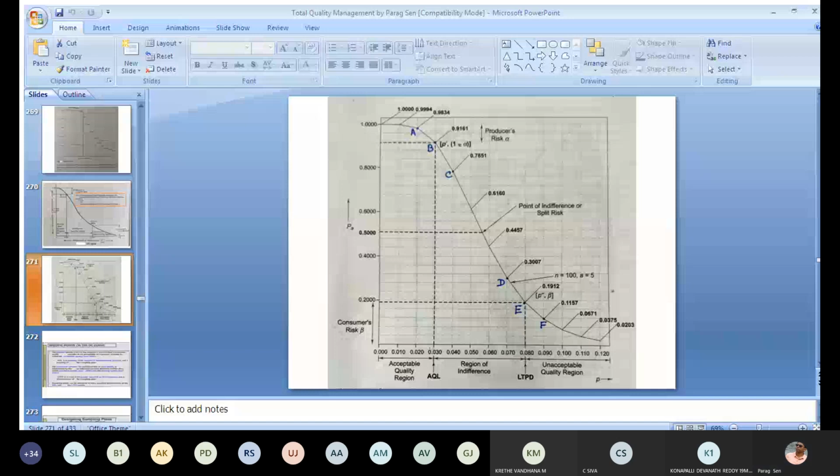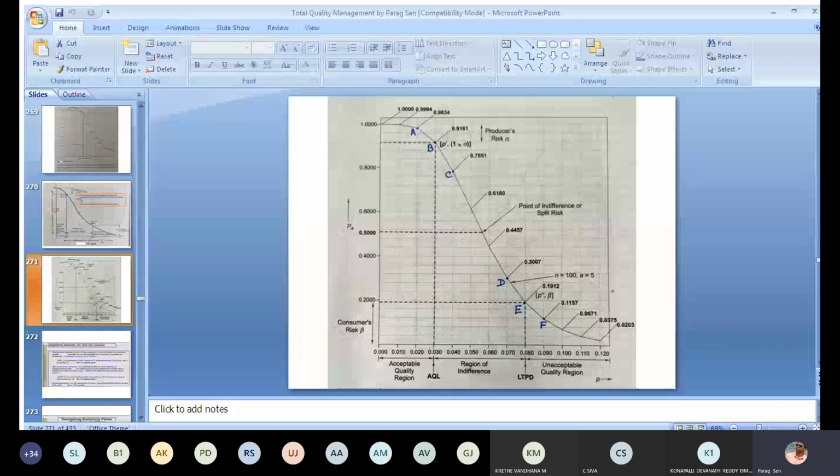So that is very small. Out of 10,000 items, there is a very small amount of defects. Only 7 defective items are actually there in the lot. So the lot is basically a good lot.